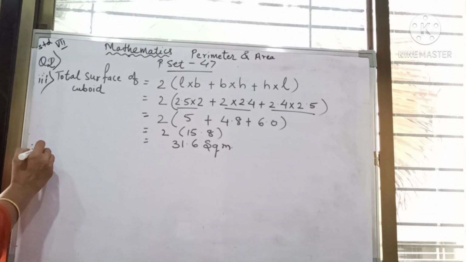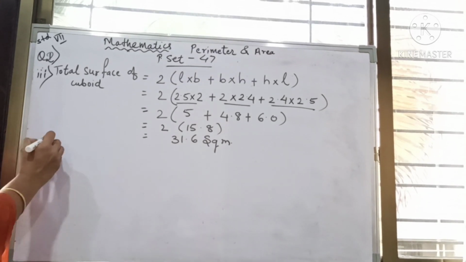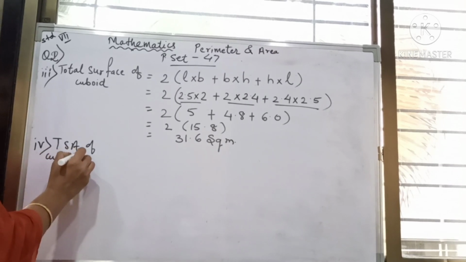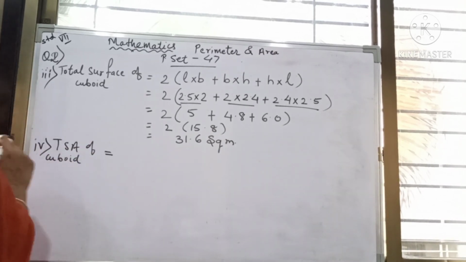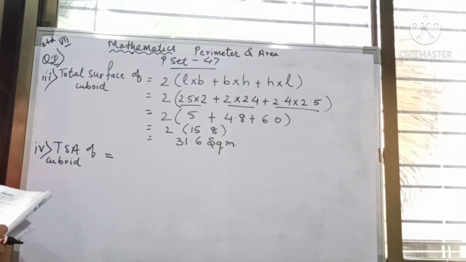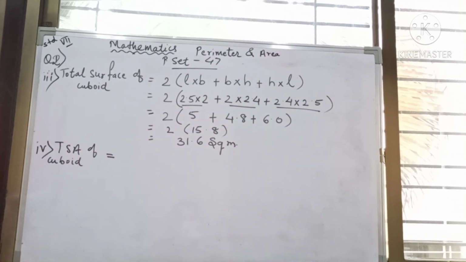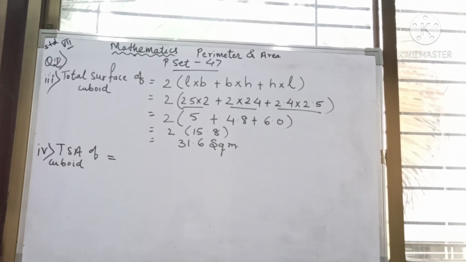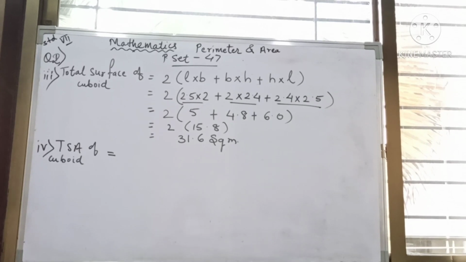The fourth sum we will solve: total surface area of cuboid. The length is given to you 8 meters, breadth is given to you 5 meters and height is given to you 3.5 meters. So we will substitute the values in the formula.